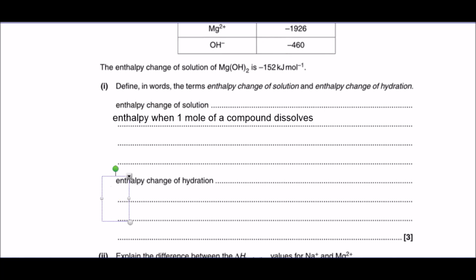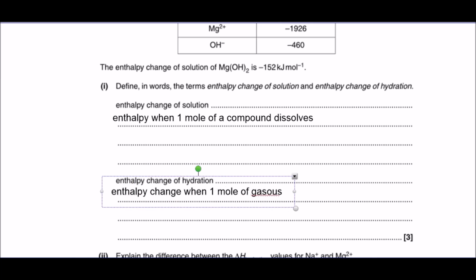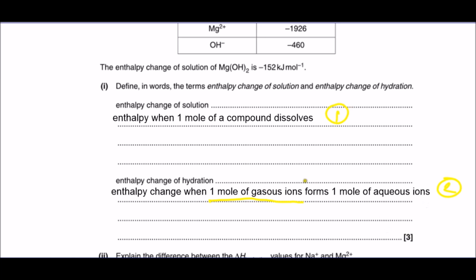So this one, enthalpy change when 1 mole of gaseous ions forms 1 mole of aqueous ions. And for this definition there's 2 marks, so we get 1 mark for mentioning 1 mole somewhere in it, and then 1 mark for gaseous ions turning into aqueous ions. So 1 for this definition and 2 for this one.